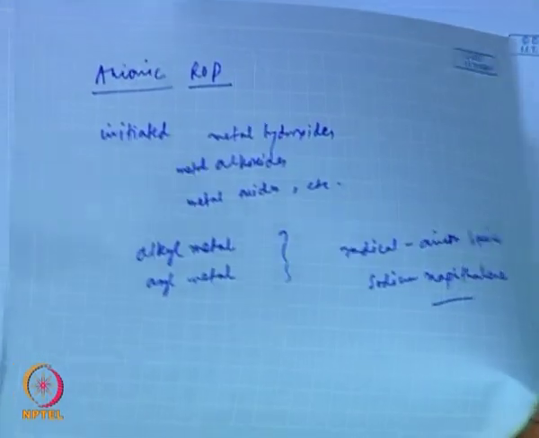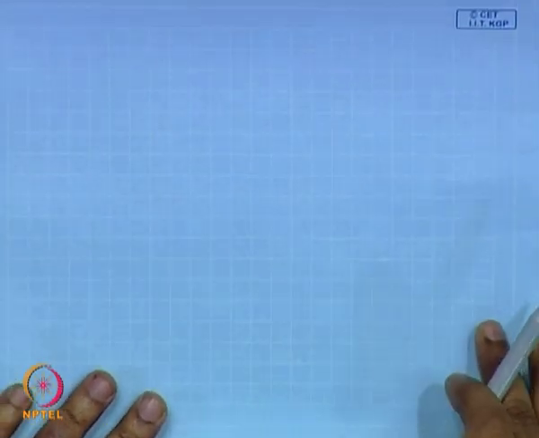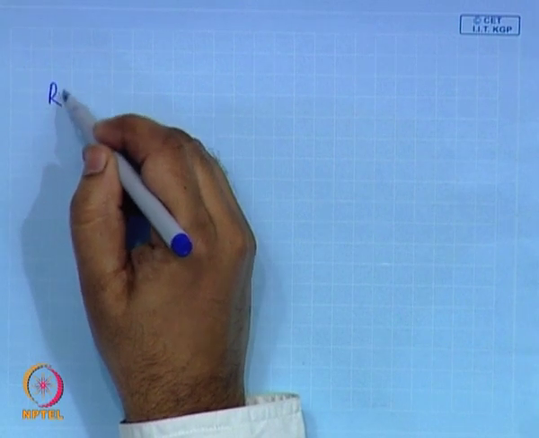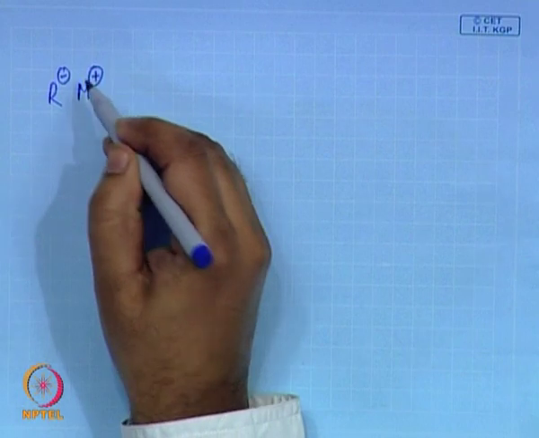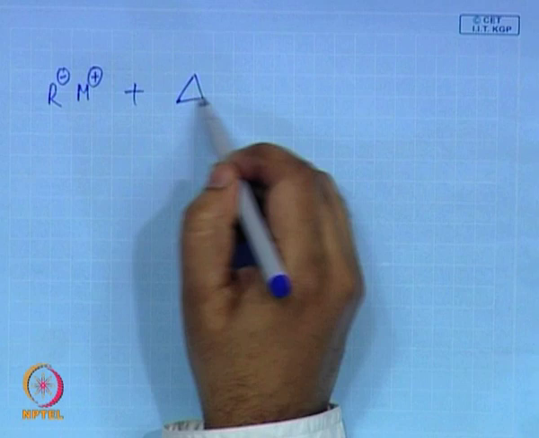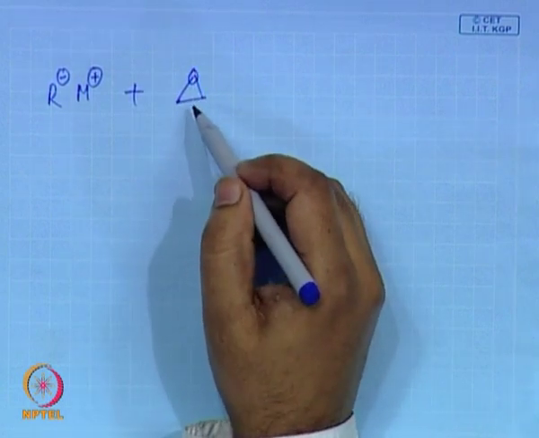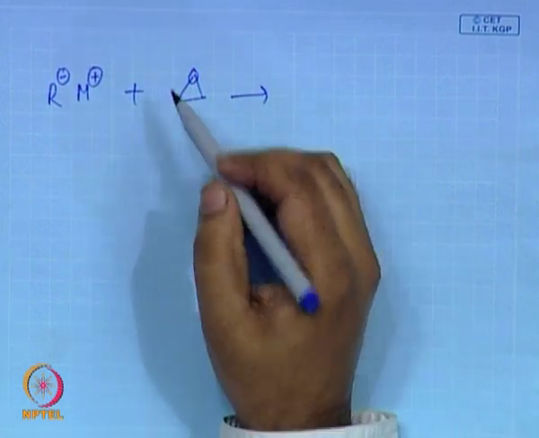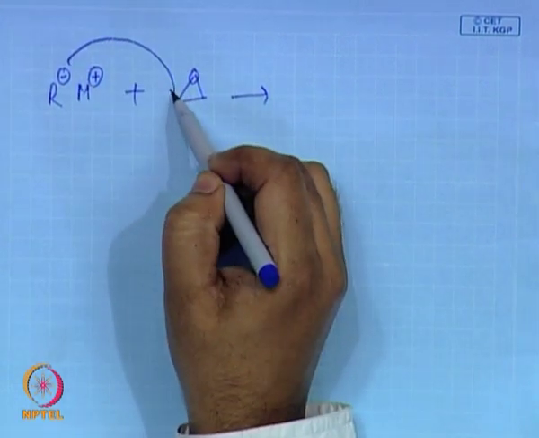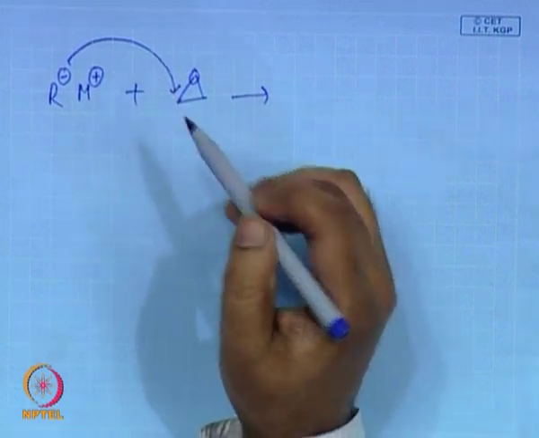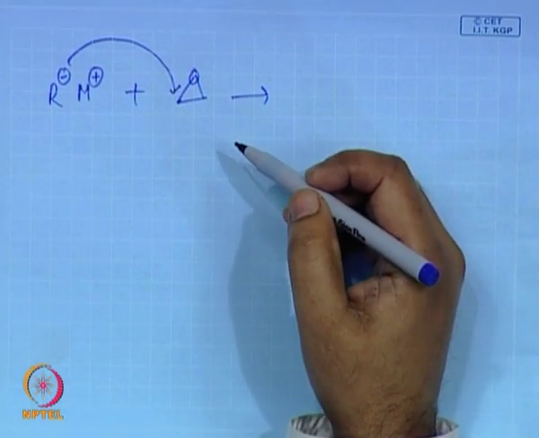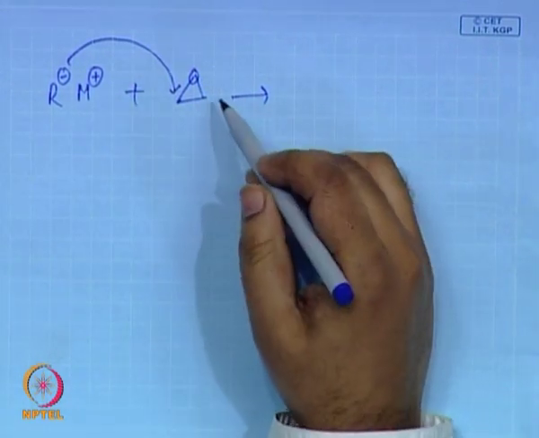So, what happens? Say you have an alkyl metal initiator and you take ethylene oxide. There is a nucleophilic attack by this initiator and the ring will open up.